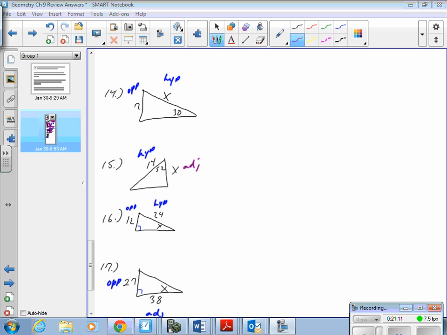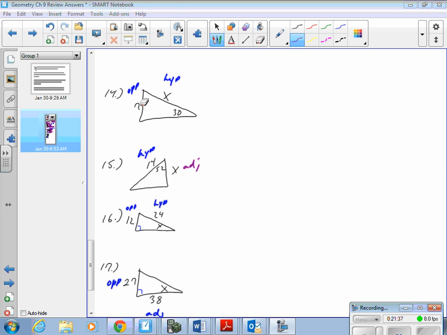Alright, so 14 through 17, we are using our trig ratios to find the missing part. We're solving for x in this case. So this first triangle, number 14, they gave us a 30-degree angle. They gave us that the opposite side is 7, and our x is on the hypotenuse.